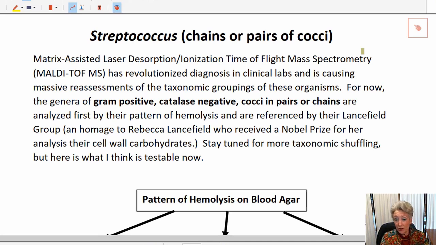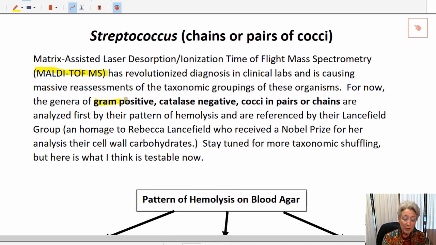What I have done is given to you the current designation of the taxonomy, but keep in mind that the more that they're doing MALDI-TOF, which stands for matrix-assisted laser desorption ionization time-of-flight mass spectrometry, they're analyzing these organisms and re-taxonomizing them into different families.